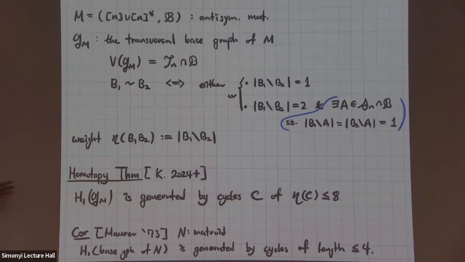What I showed is that the homology group is generated by the cycles of weight at most 8. If you consider the matroid and its base graph, then the cycles of length 4 correspond to weight 8, and length 3 corresponds to weight 6. So it directly implies Maurer's homotopy theorem.